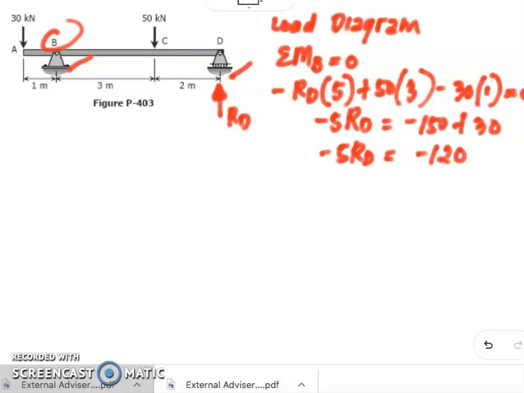Therefore R sub D is equal to 24 kilonewton.